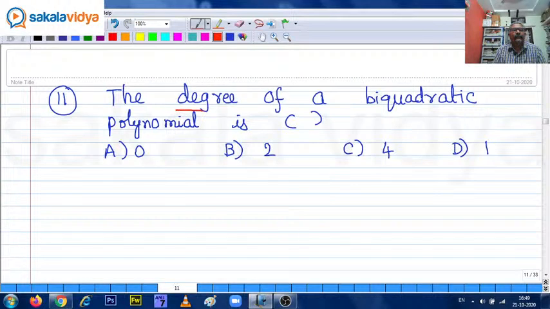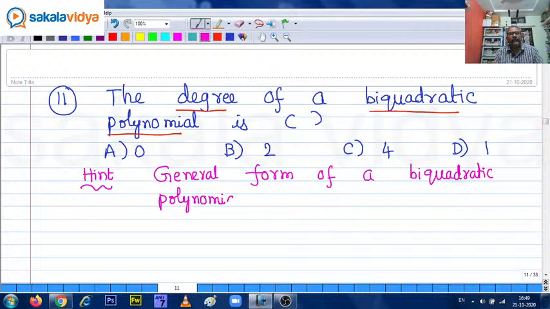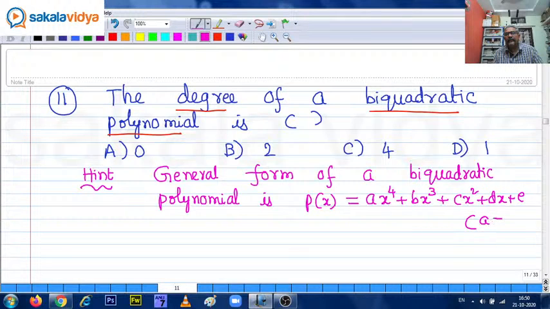Degree of a biquadratic polynomial. So let us write first what is the general form of a biquadratic polynomial. Hint. The general form of a biquadratic polynomial is p of x equals ax to the power of 4 plus bx cube plus cx square plus dx plus e, where a does not equal 0.